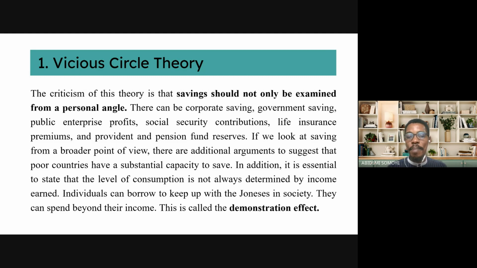In addition, the level of consumption is not always determined by income earned. Individuals can borrow to keep up with the Joneses in society. They can spend beyond their income. This is called the demonstration effect.